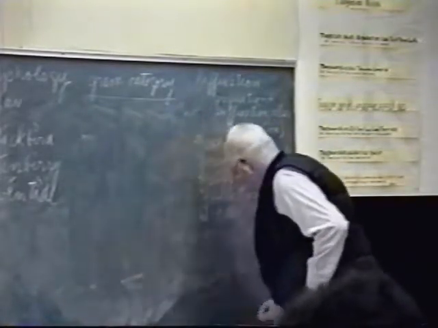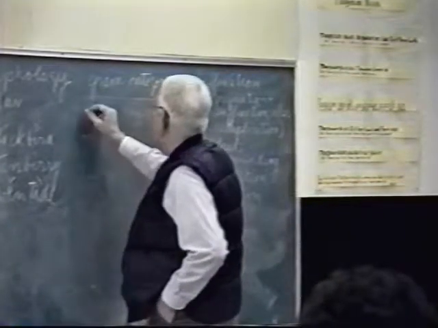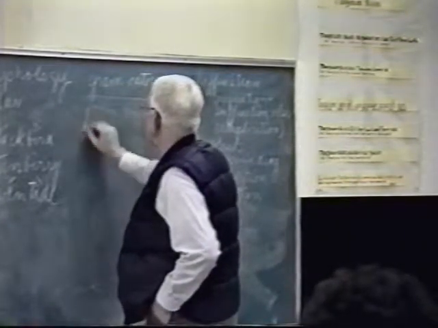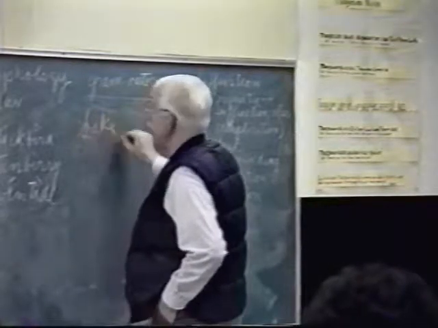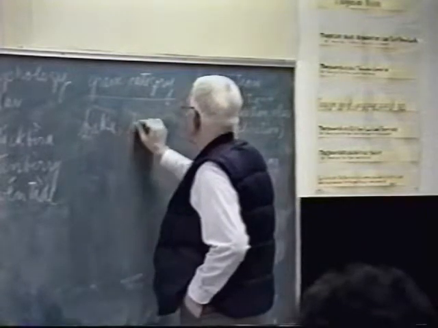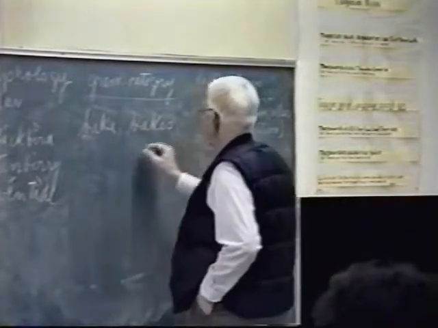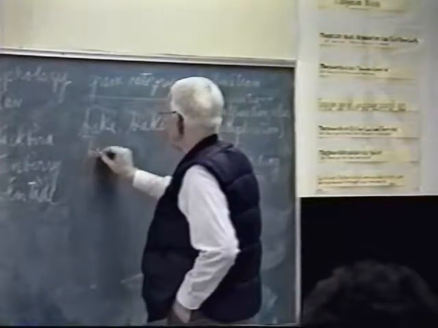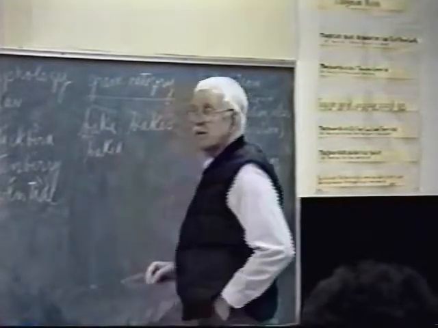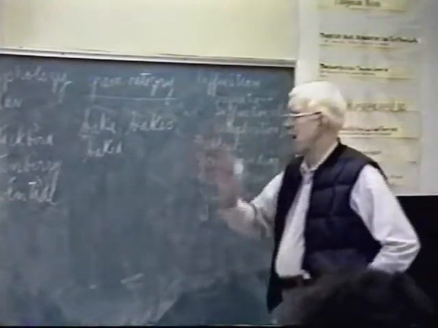In English, most verbs have only a number of inflected forms, like bake. I bake, you bake, she bakes. I baked, you baked, he baked, we baked, you guys baked, they baked.